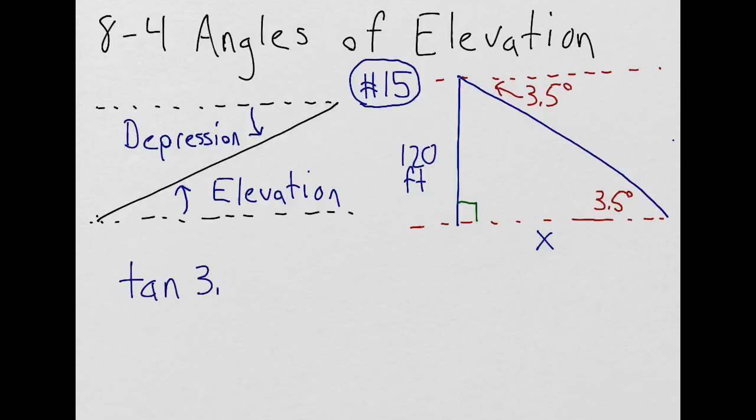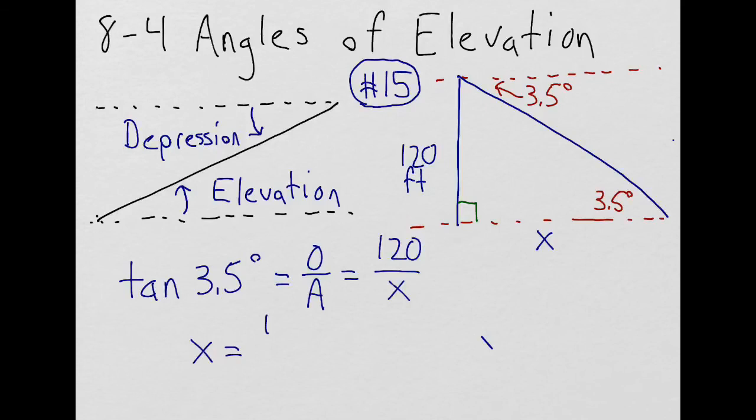The tangent of 3.5 degrees is equal to opposite over adjacent, so that's 120 over x. This is not too bad. I'm just going to multiply both sides by x and divide by the tangent of 3.5, so I'm just going to rearrange this to get x is equal to 120 over the tangent of 3.5 degrees.